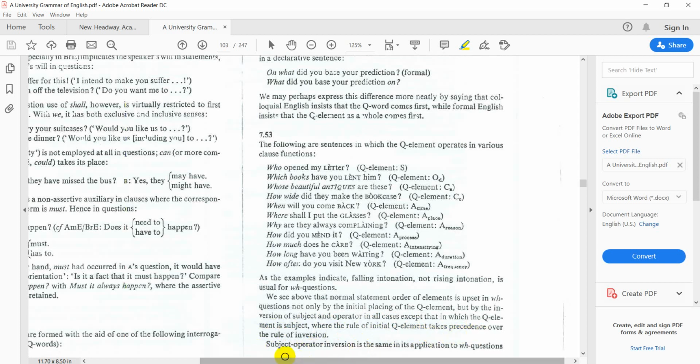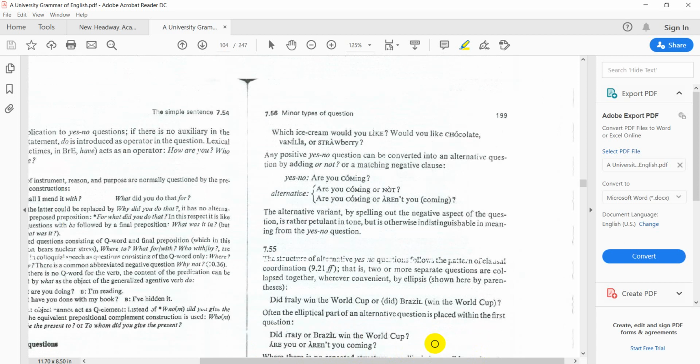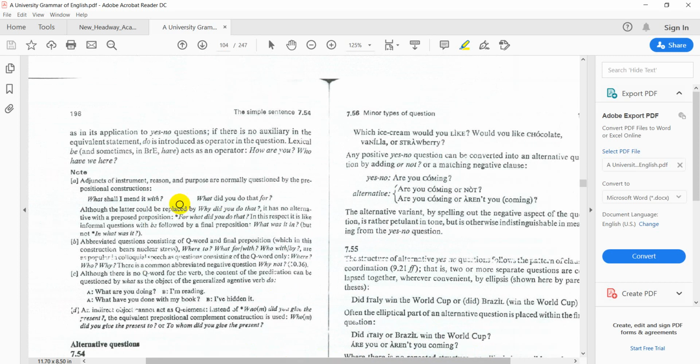Okay. Subject-operator inversion is the same in its application to WH question as in its application to yes, no question. So when we separate the operator from the subject and put it in initial position, it is the same as we did with yes, no question.